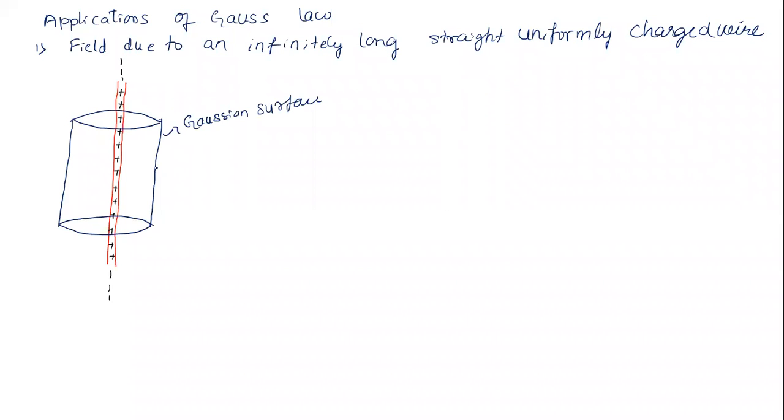Now I want to find the electric field due to this at various points. Let me say one point here, one point here, one point here. At these three points, let's name them 1, 2, and 3. What should I do first, students? First, I should write the direction of the electric field. What is the direction of the electric field here?